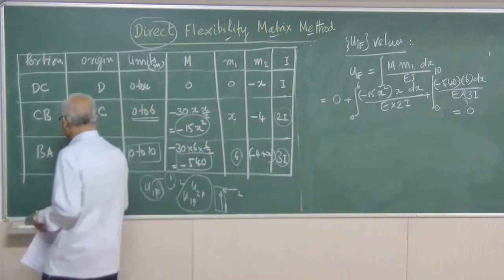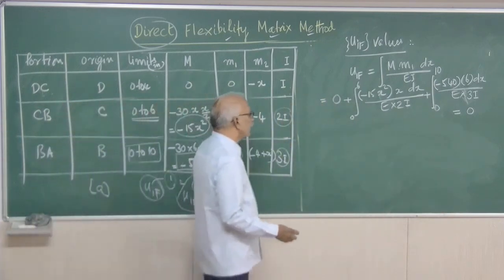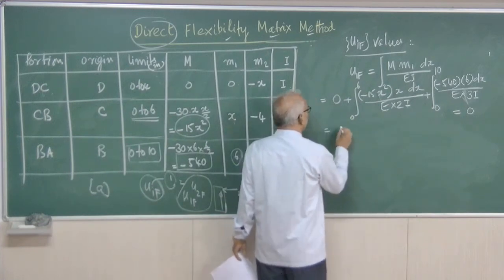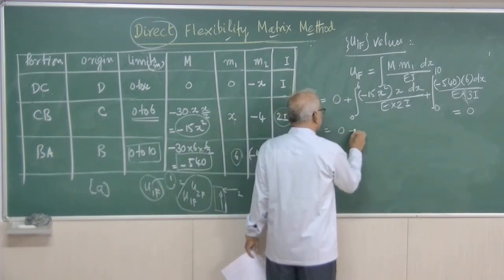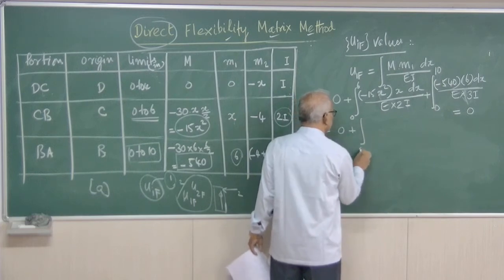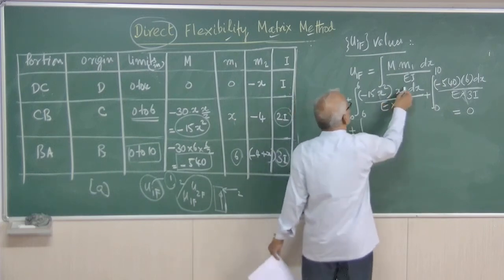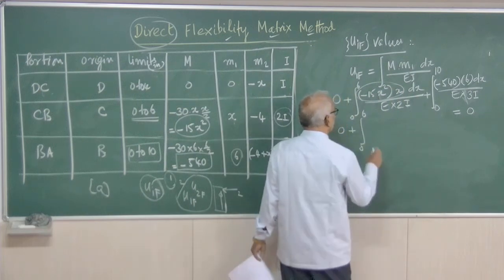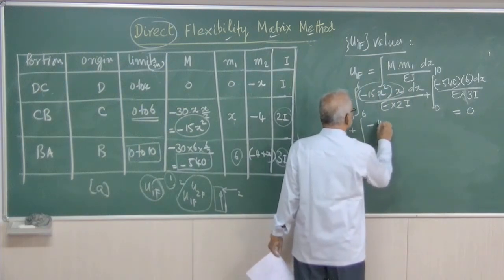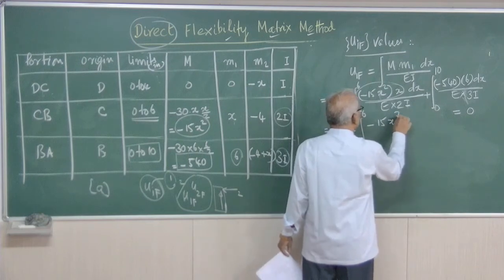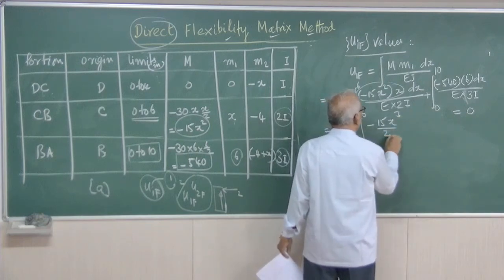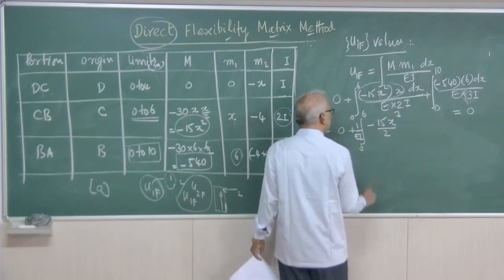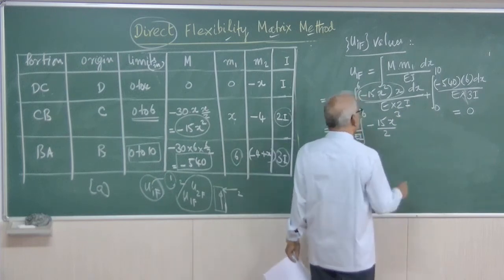Right. Now, the simplification work I leave to the viewers, but I will start. For 0 to 6, on multiplication this will give you minus 15x cubed by 2, and 1 by EI we can take outside, into dx.